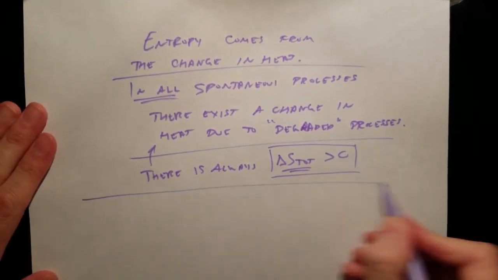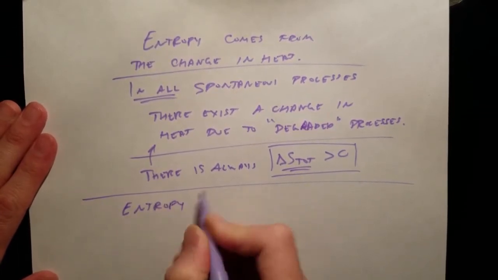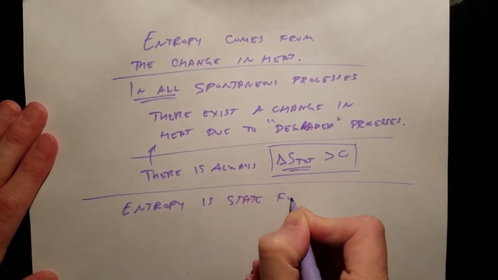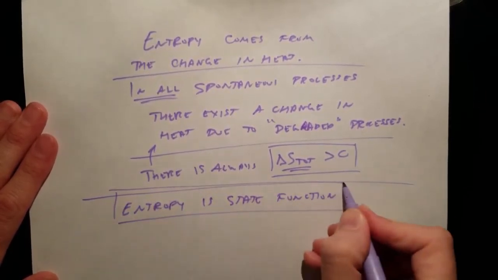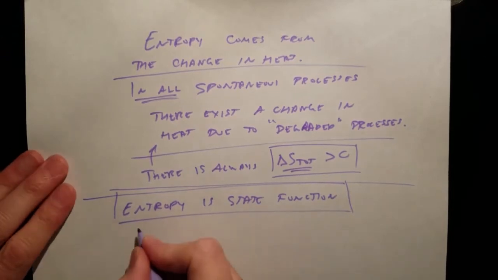Now, entropy is a state function. So all of those great properties that we learned about when we talked about enthalpy and energy, etc., are the same. The difference with entropy is that entropy is not conserved.